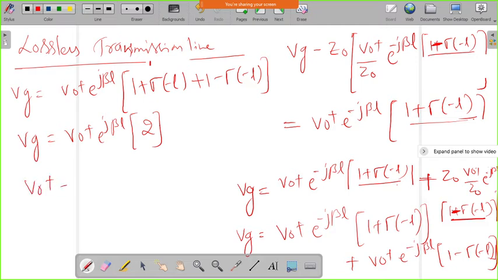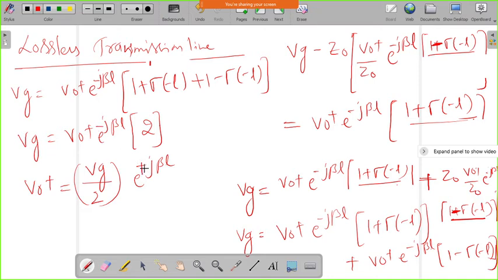So we can write V0 plus as Vg divided by 2 into e power minus j beta, because here it is minus j beta and you will get the plus j beta.